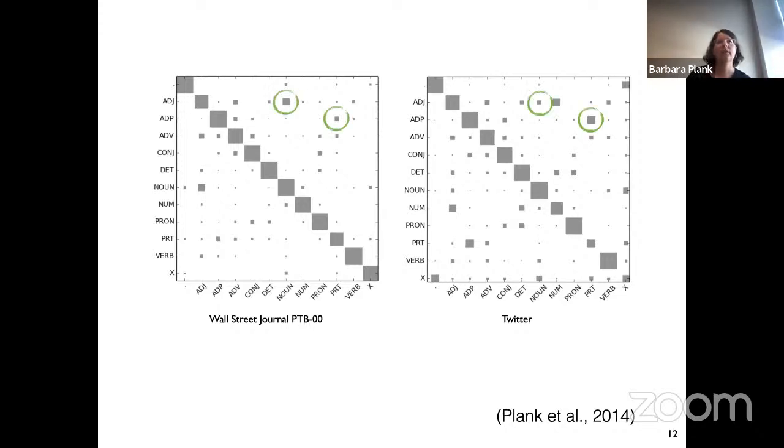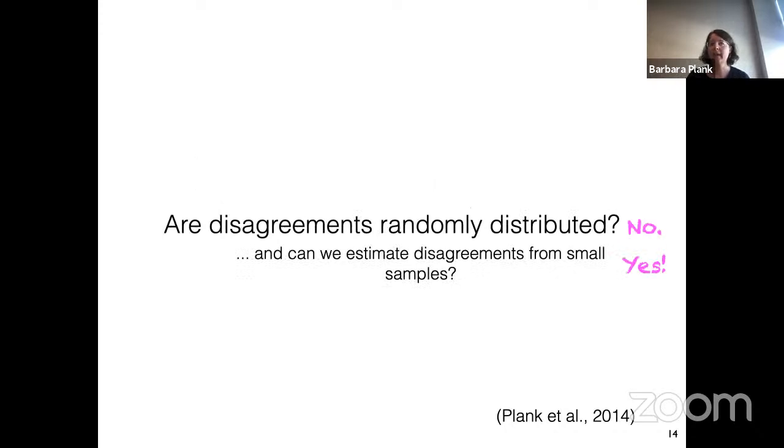Disagreements like adjective-noun confusions or particle-preposition confusions were stable across domains. But there are also some disagreements which are more domain specific, particularly in this Twitter example. Overall, it looks like they are not just randomly distributed, so we can use these small samples to estimate at least these global confusion matrices, to get an idea of where the disagreements are on the tag level overall in the data.